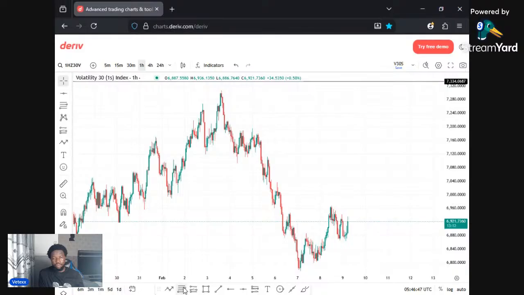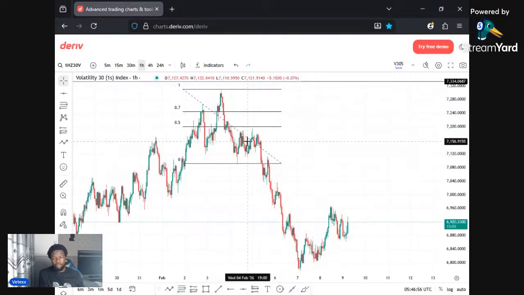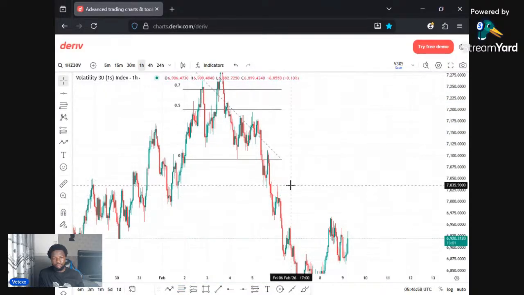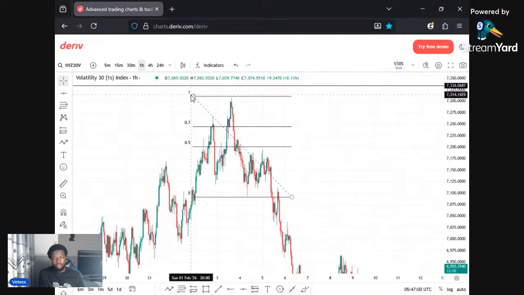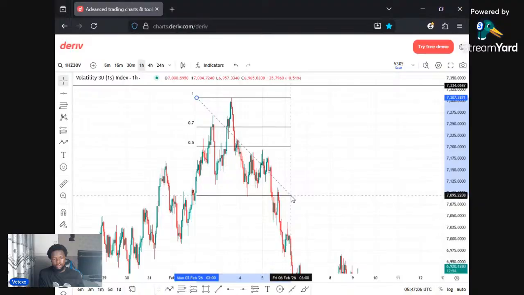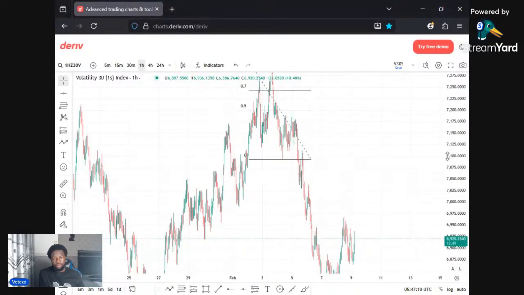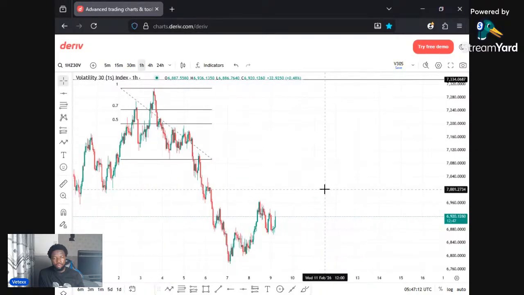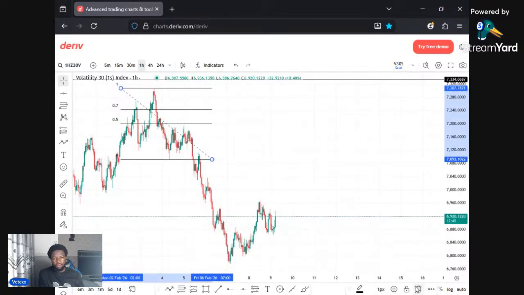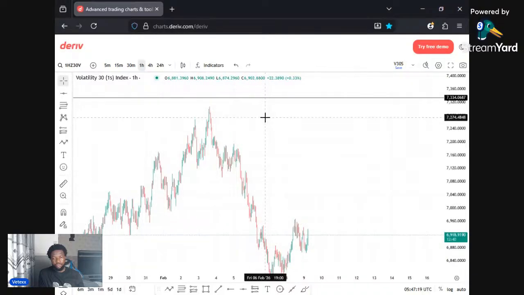Let's check if this liquidity is up to 50% retracement. This is now up to 50% retracement. It's almost at it. If price comes back to this zone and sells off, it's going to be a good thing.